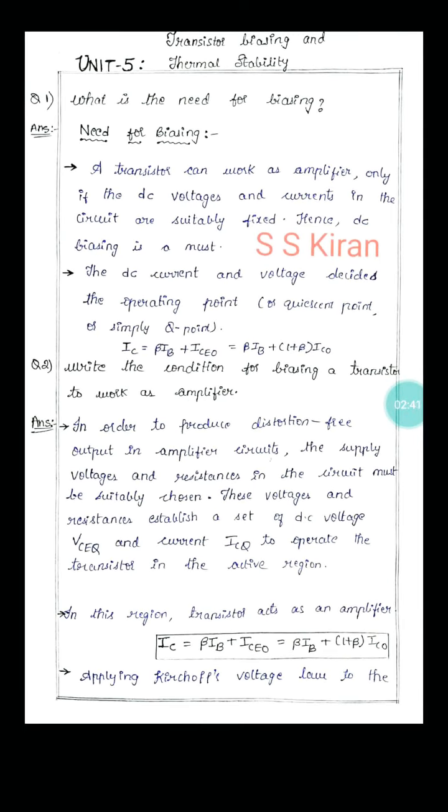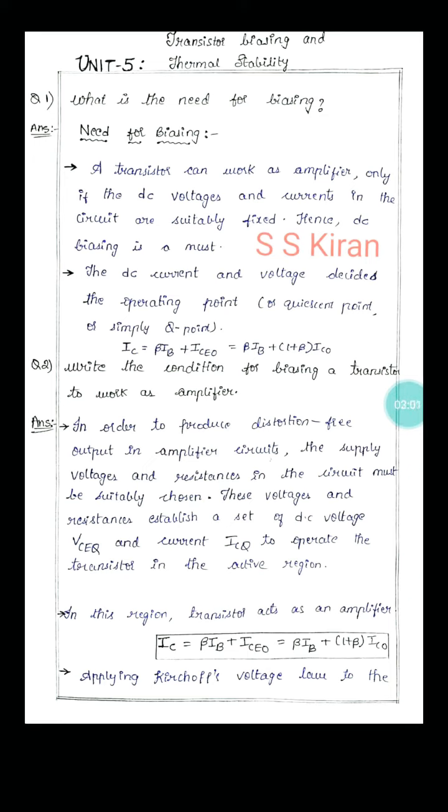Second one, write the condition for biasing a transistor to work as an amplifier. You know very well, the need for biasing to work as an amplifier. How does a transistor work as an amplifier? At active region, transistor works as an amplifier.